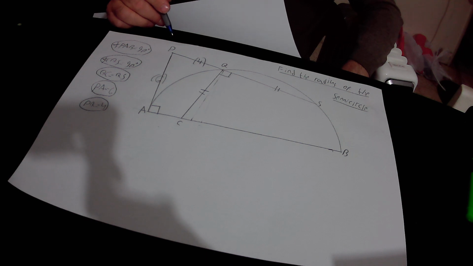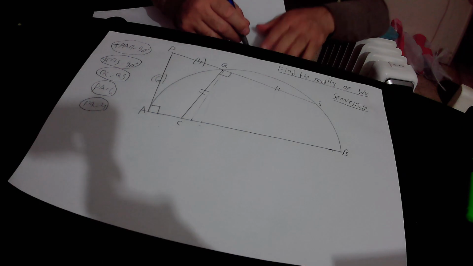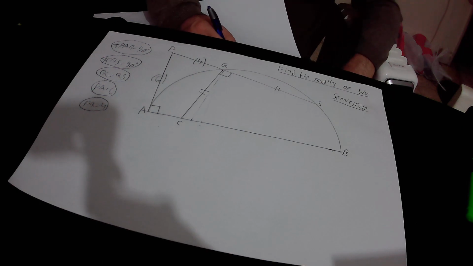Therefore, we can implement rule number 10. According to rule number 10, we will get that PA squared equals PQ times PS.